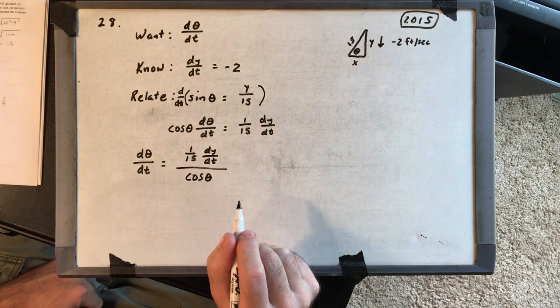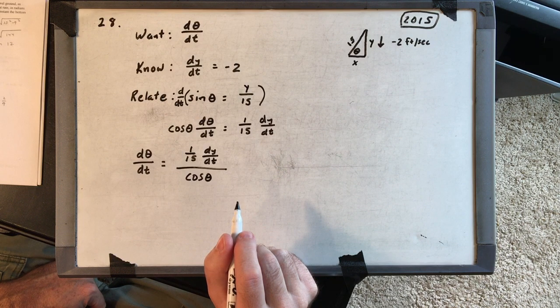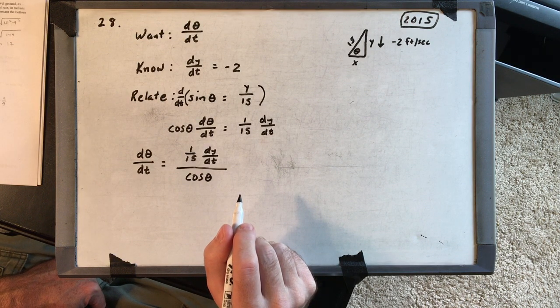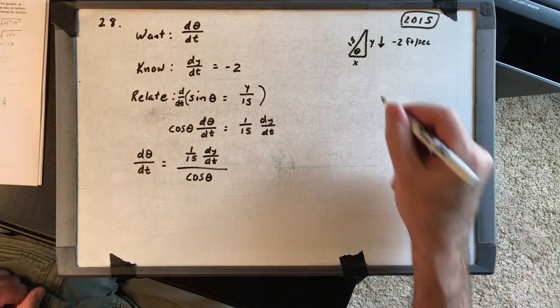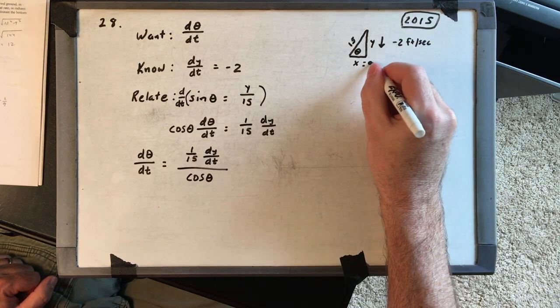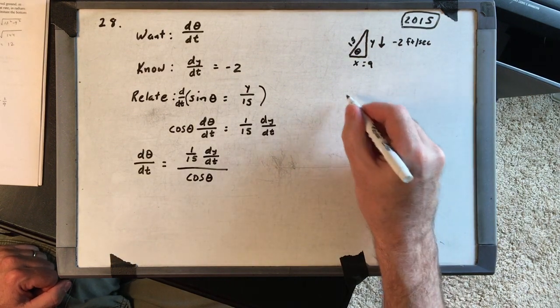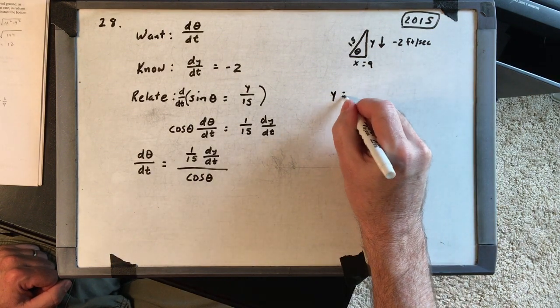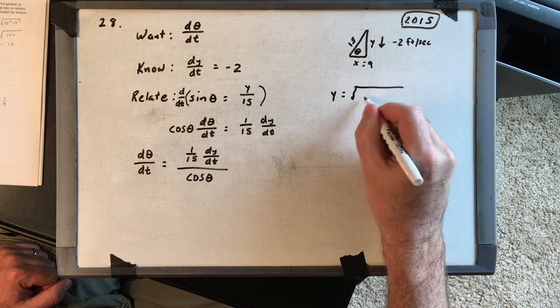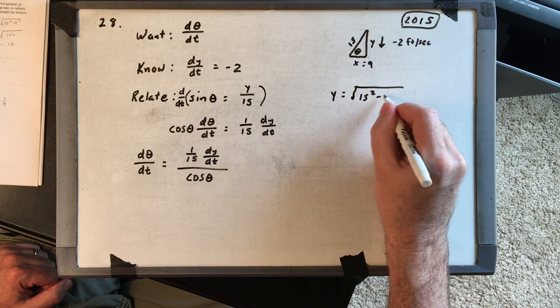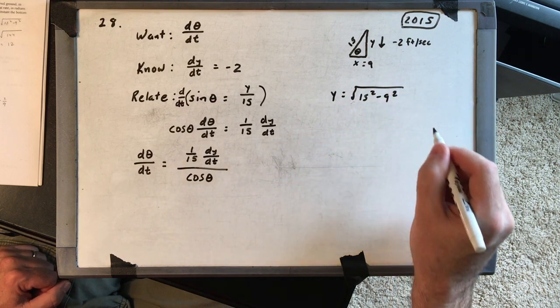Okay, now we're going to need to figure out some things. It says when the base of the ladder is 9 feet from the wall. So now we gotta figure out what is y. So y, by the Pythagorean theorem, is going to be the square root of 15 squared minus 9 squared.